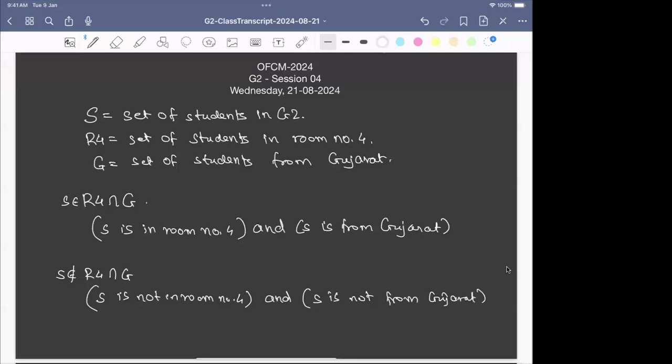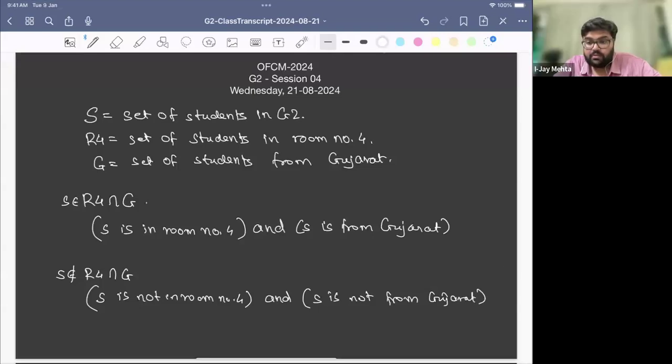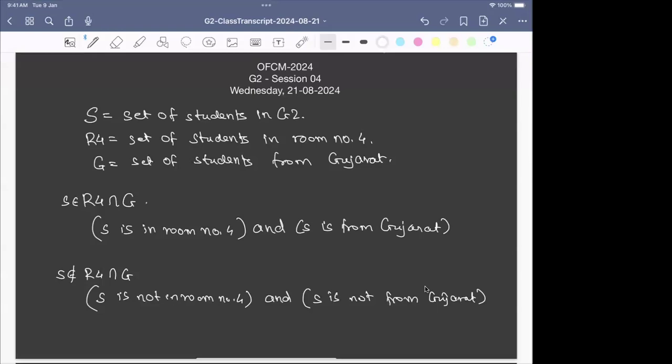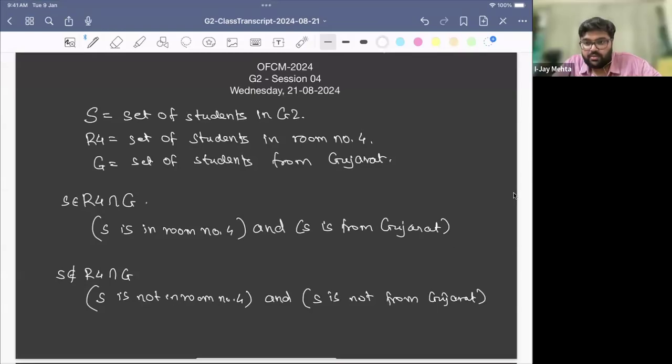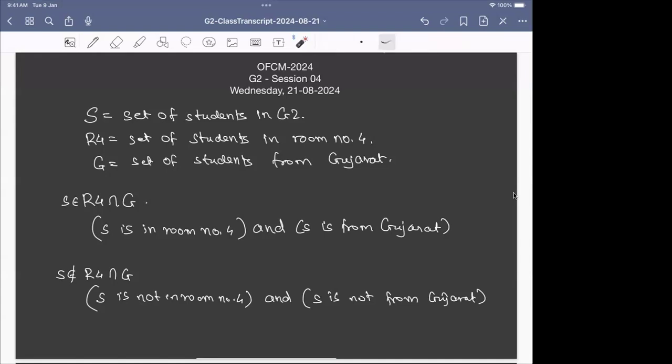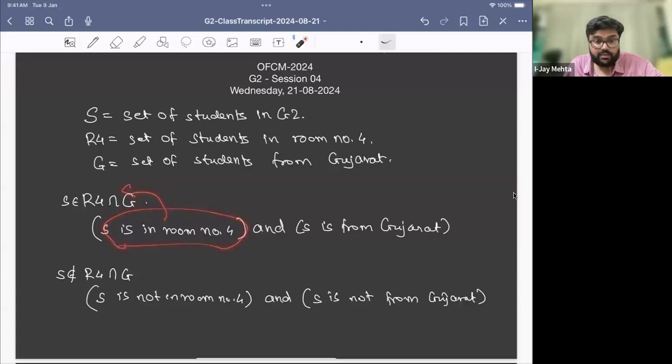Okay. How many of you agree with him? No, sir. No. Aisha ने बोला अभी. Yes, Aisha said she is in room number 4. Krishna, if somebody is in room number 4, then can it be in the intersection?